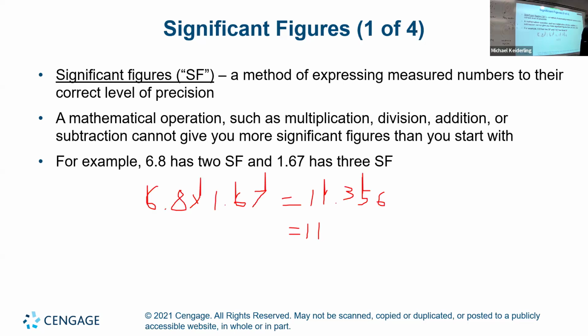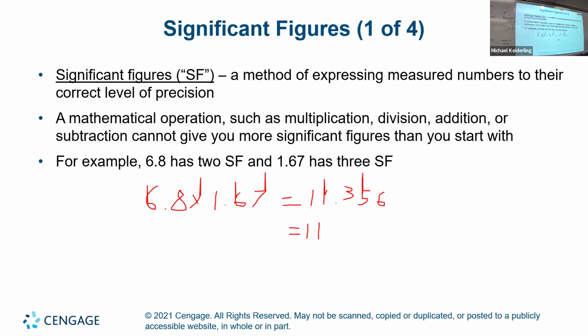So if you multiply these two together, 6.8 times 1.67 mathematically is exactly 11.356. But as a measurement, I don't know that I had this knowledge to this level of precision. So I will have to round this off to the same number of significant figures as the least precise input I have, the 6.8. So I'll round this off to 2 significant figures and get 11.